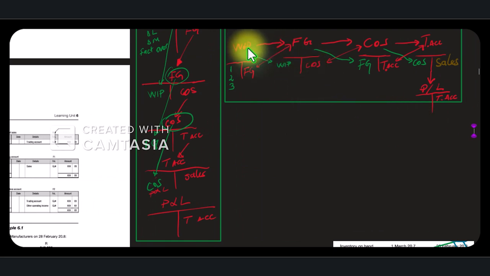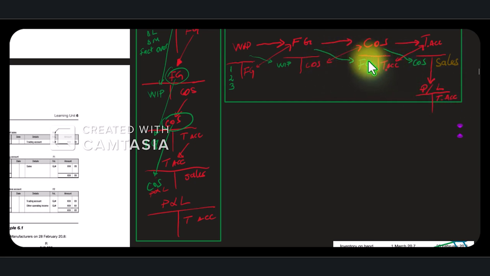Needs to be recovered. That's the meaning of why we are putting the trading account. The trading account simply means that we need to recover the cost of production in order for us to determine whether we are making a profit or a loss. That's the meaning. So the trading account is very important.